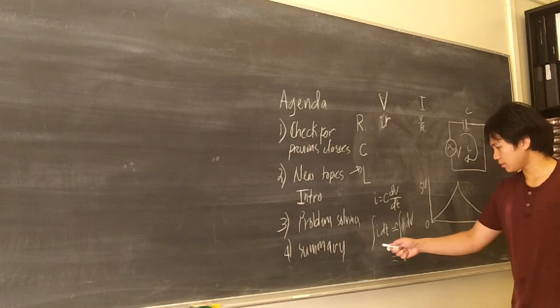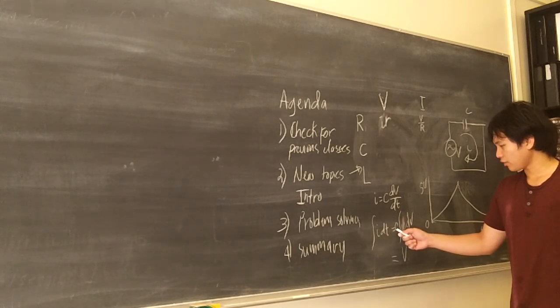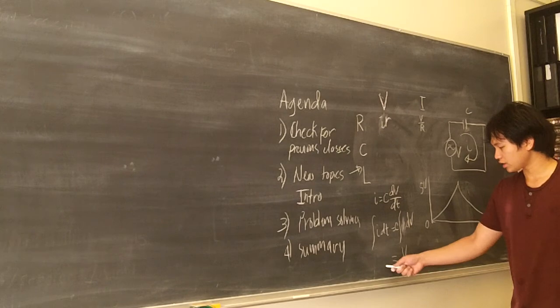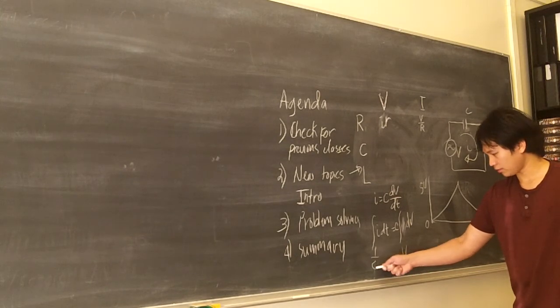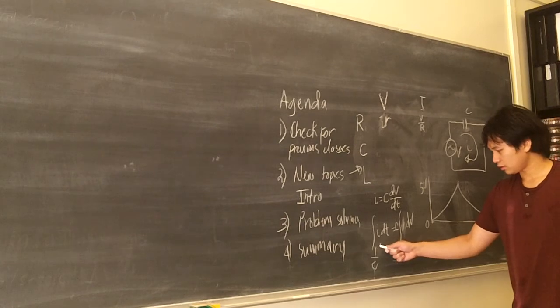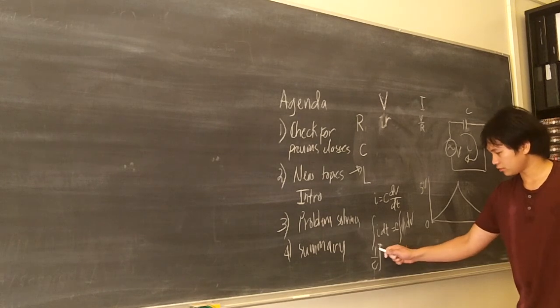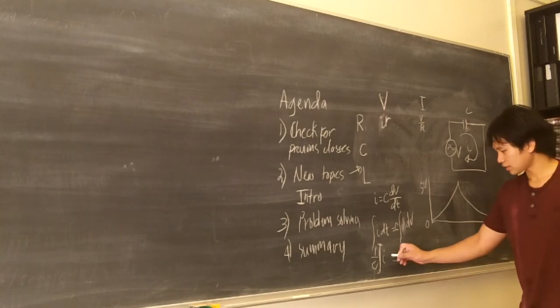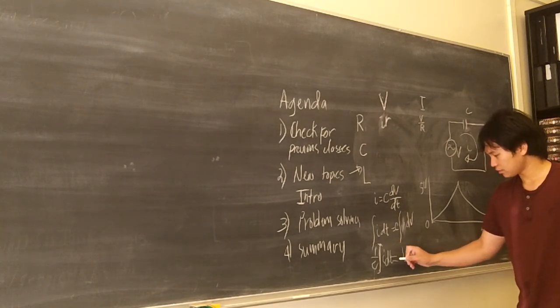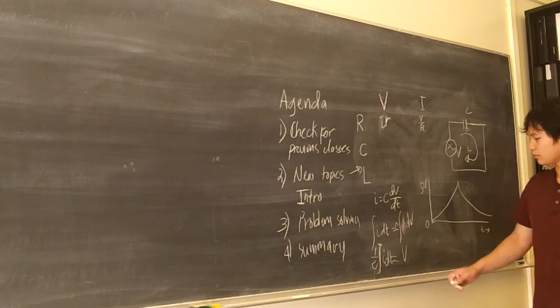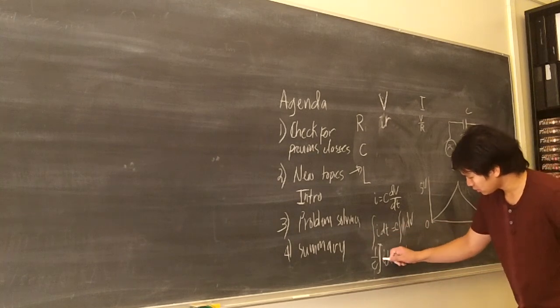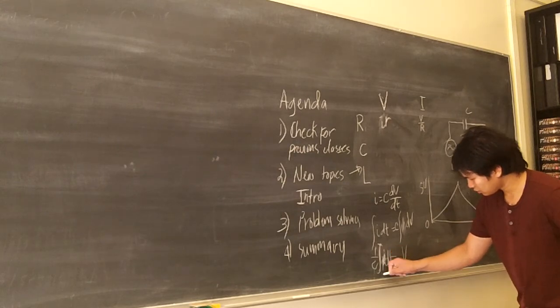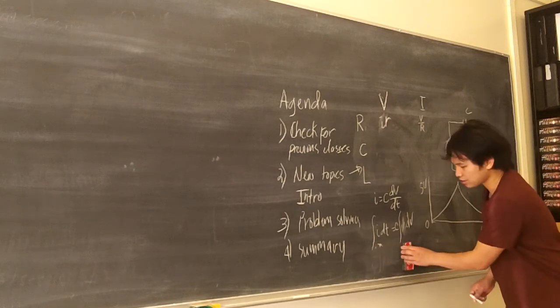And then if I want to transfer C to this side, I divide by C, so it's 1 over C times the integral of I of t dt. I of t is a function of time too, so it's not a constant.